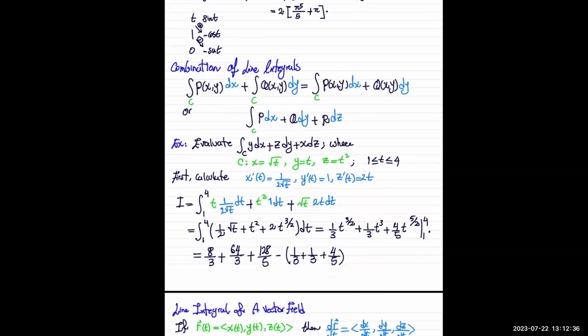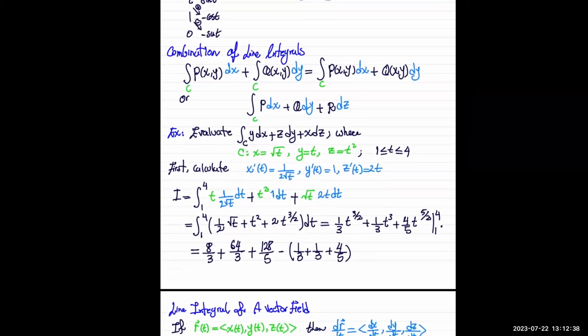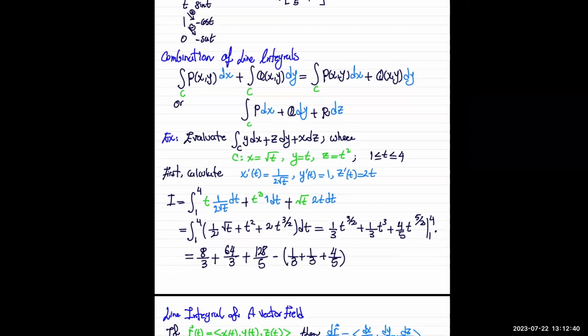Let's look at this example. Here we have the line integral along c of y dx. So here the p function is just y, plus z dy, that's the q function, plus x dz.